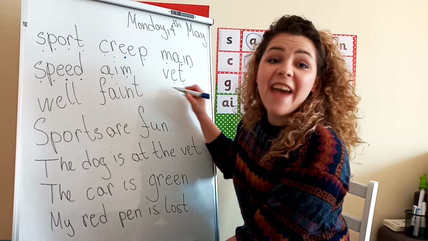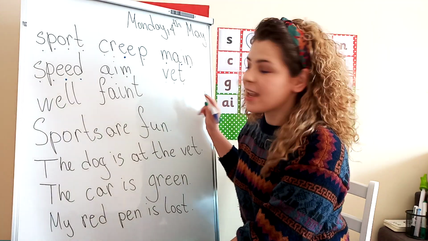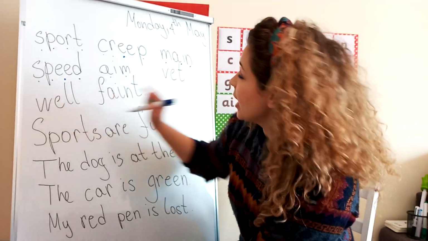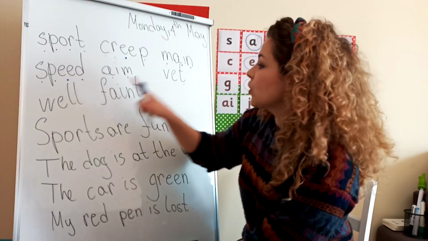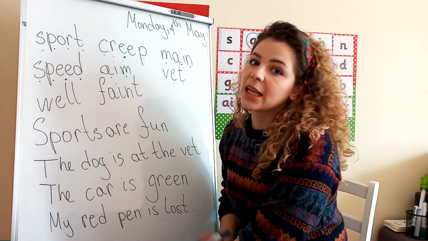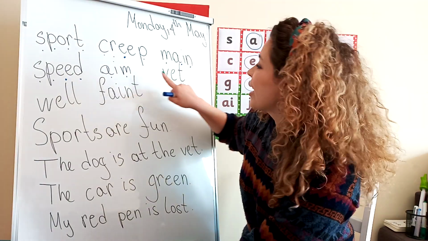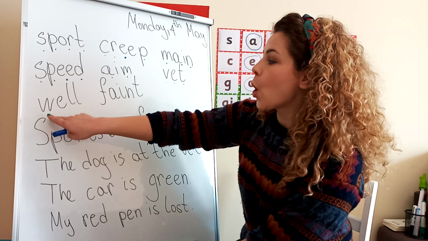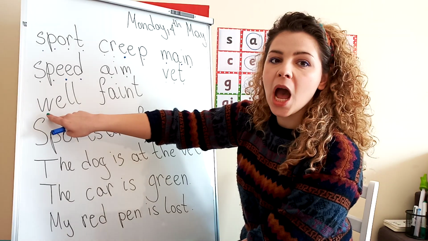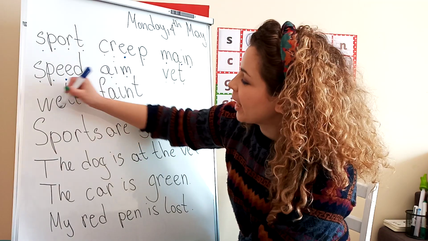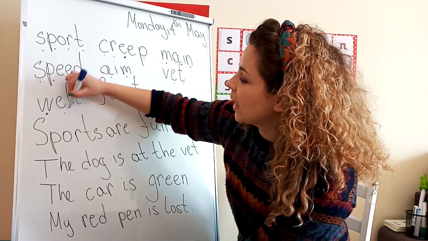Vet. Vet, as in doctor for animals. Here, so pay attention, these 2 sounds are kind of similar, but they're 2 different sounds. This is vet, and this is well, okay? So again, well.